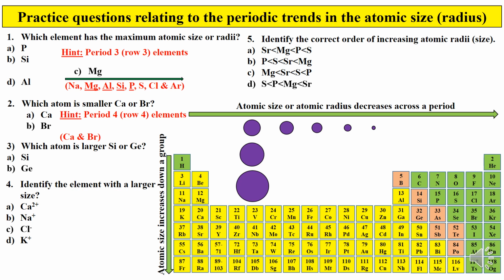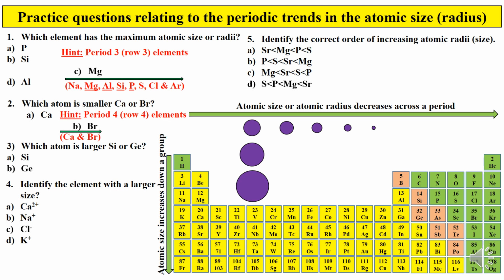Identify the elements, calcium and bromine, only 2 are there. Follow the periodic trend, arrange them according to the periodic trend. Calcium comes first, followed by bromine. So calcium is towards the extreme left, while bromine is towards the extreme right of the periodic table. And therefore, without doubt, bromine will be smaller in size.